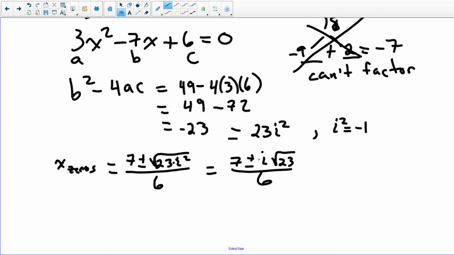But when you have a complex number, meaning a square root of a negative number, you just change the negative to an i squared, and then you can continue going as normal. You would just state that these are imaginary roots, and as somebody's already stated, that basically means the quadratic is above the x-axis, yes, because it's a positive a value, which means it opens up, a smile shape.